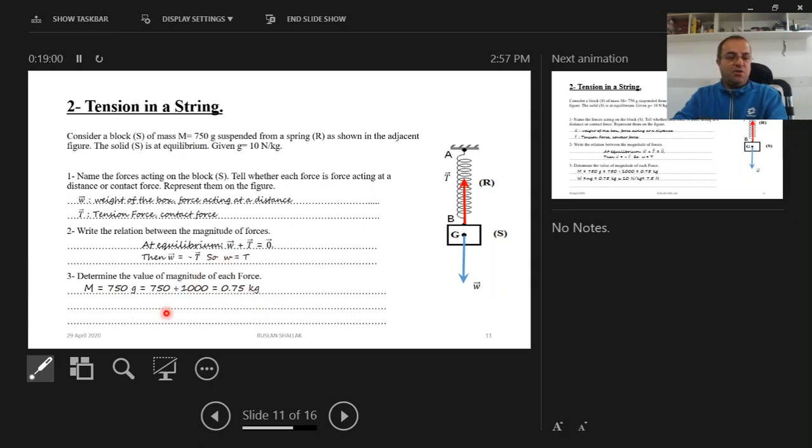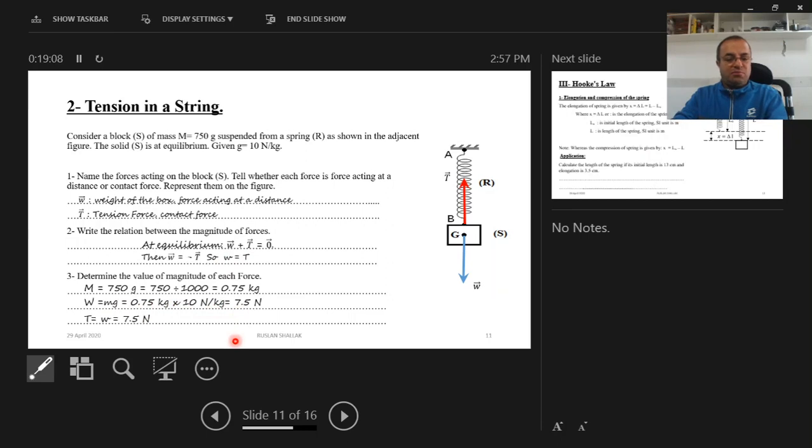So now W equals T equals mass times gravity equals 0.75 kilogram times 10 Newton per kilogram equals 7.5 Newton. Or we can separate them: T equals W equals 7.5 Newton. We said this because weight equals T, the relation between the magnitudes of the forces.